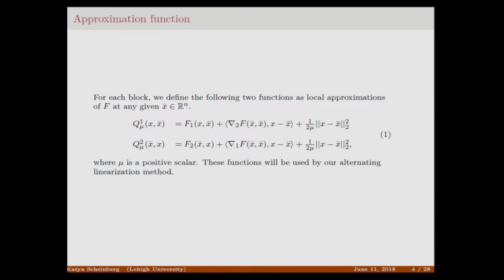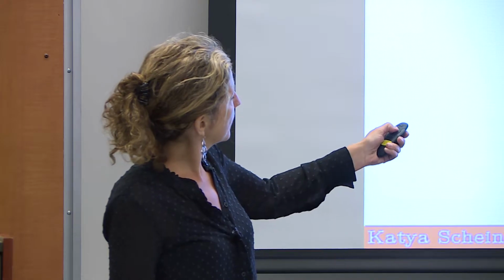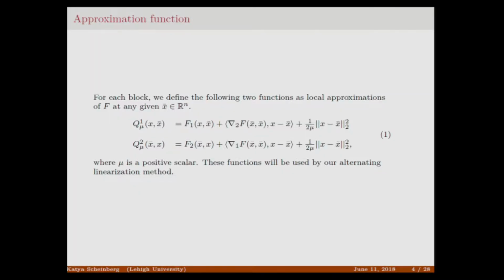So we will exploit that fact by constructing a very classical approximation of the original objective function using these two blocks. These are the two approximations, and they're both convex.